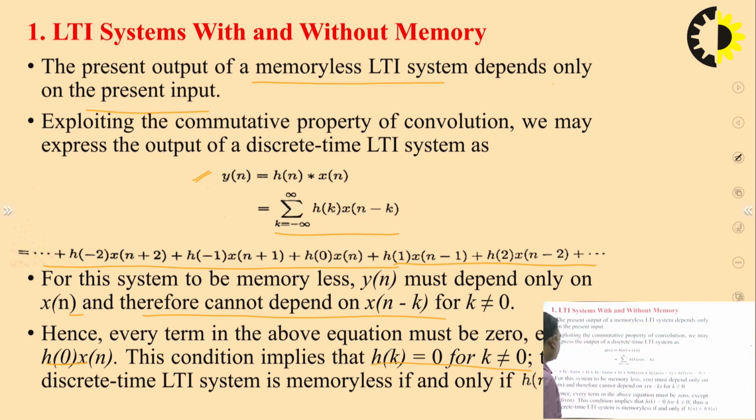Thus a discrete time LTI system is memoryless if and only if h[n] equals k times delta[n], because we have to obtain this condition only.